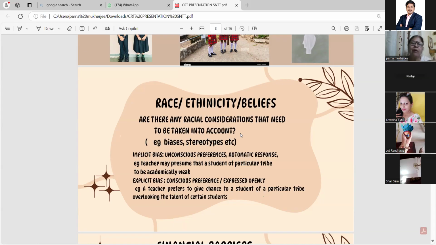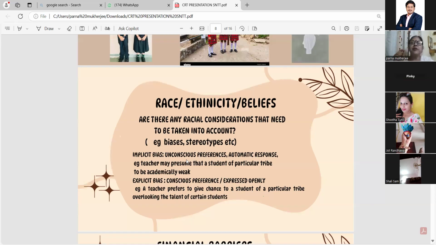Now, there's another example that I have taken, of unconscious preferences or automatic responses. Suppose you find a particular tribe student in your classes for years. They are comparatively academically weak, but they are very good in sports. For example, I can say confidently that some of the tribes from the Chhattisgarh region, the children are inborn sports people.